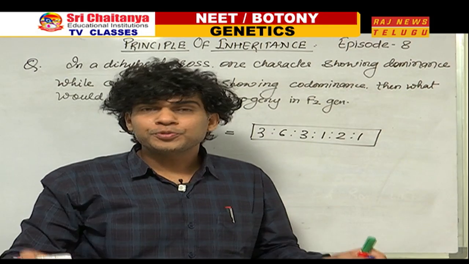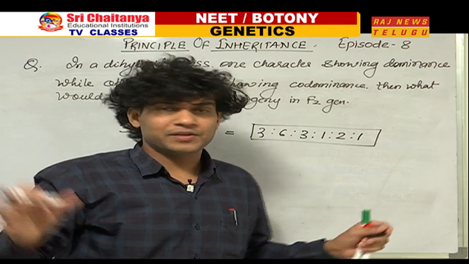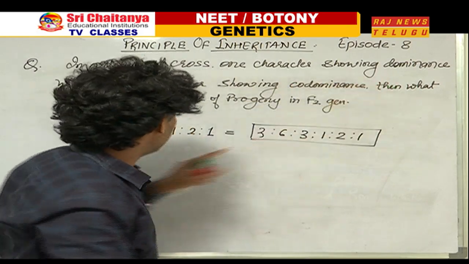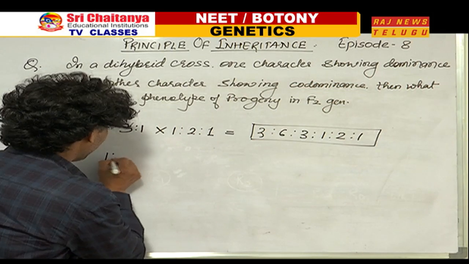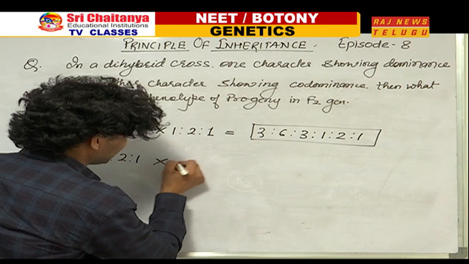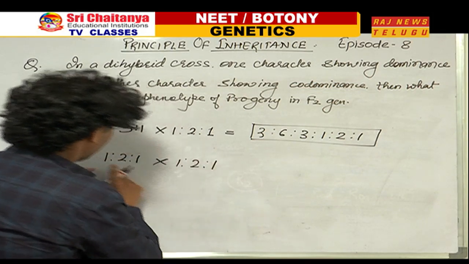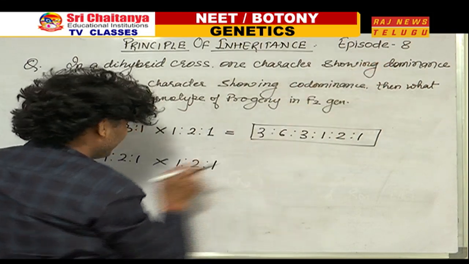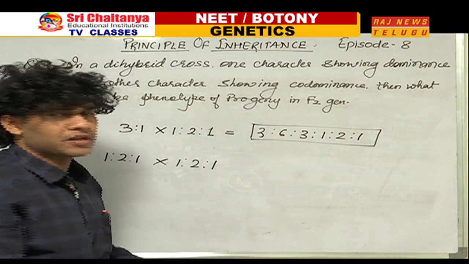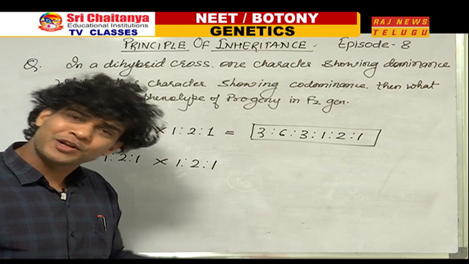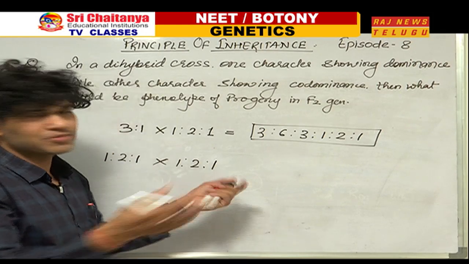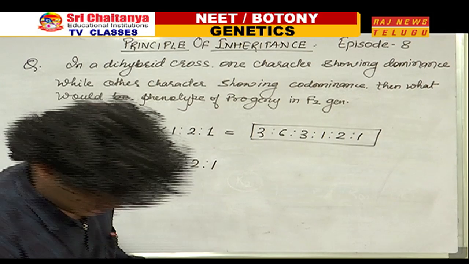Then I hope that you all are very comfortable that now this value would be 1:2:1, and this is also 1:2:1. This is for the incomplete dominance and this is for the codominance, means the ratio would be 1:2:1, 2:4:2, 1:2:1, like genotype, means you can easily solve such kind of questions.